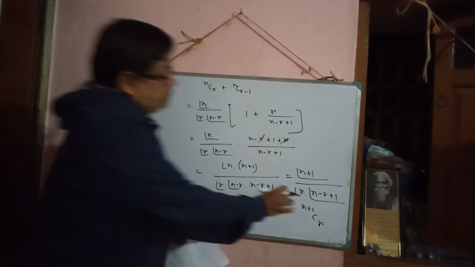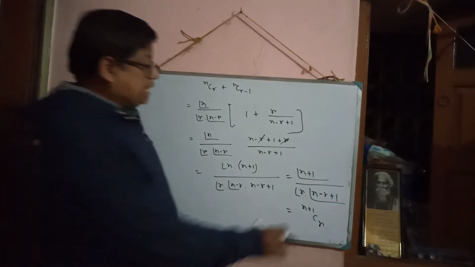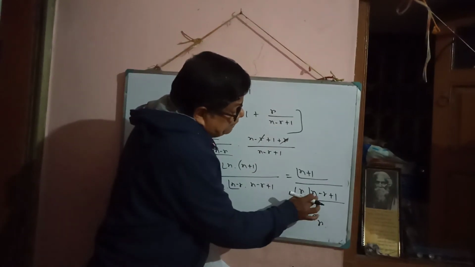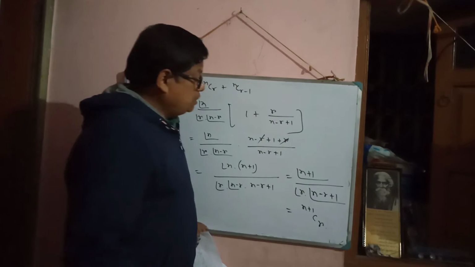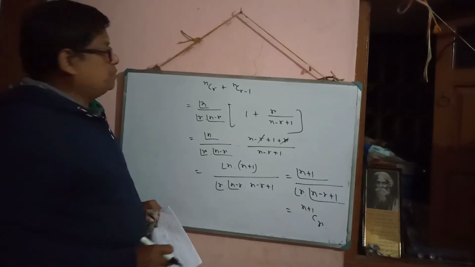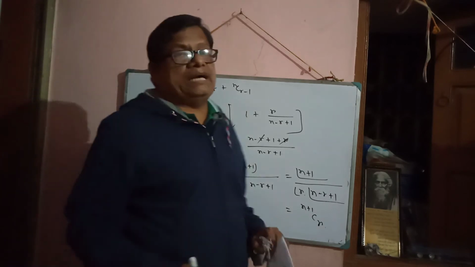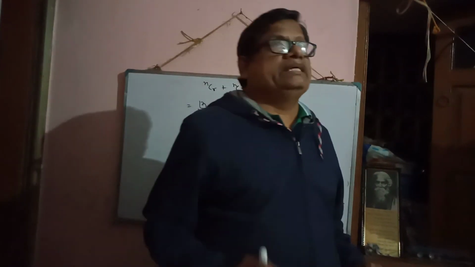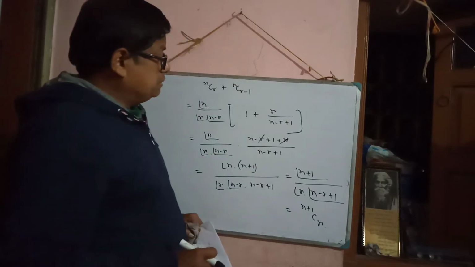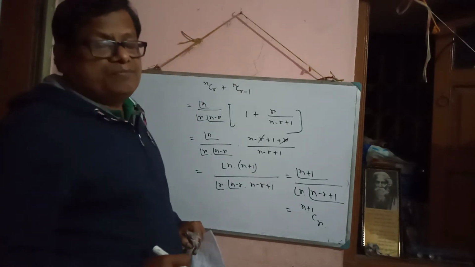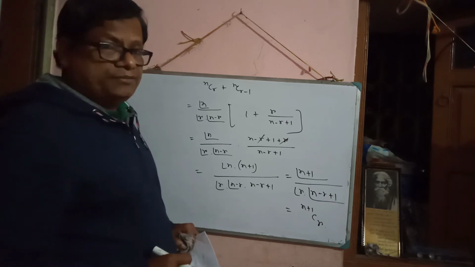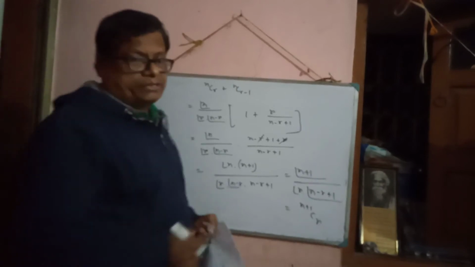See, (n plus 1) factorial by r factorial into (n plus 1 minus r) factorial, both are same. So we are getting NCR plus NCR minus 1 equal to n plus 1 CR. Keep in mind.